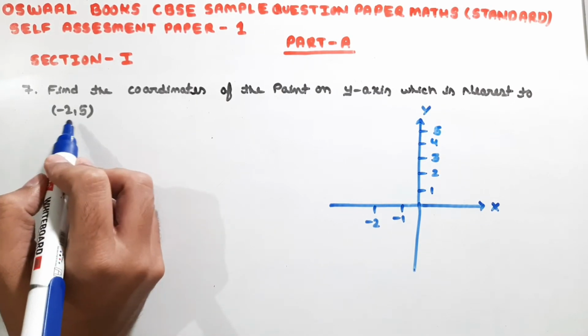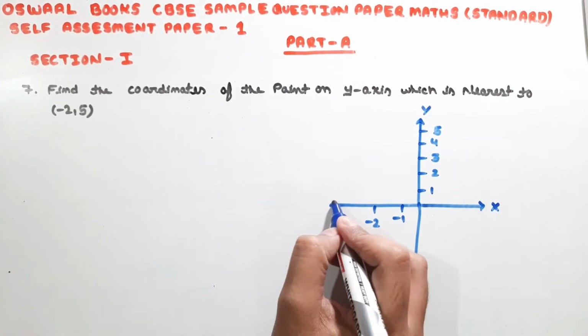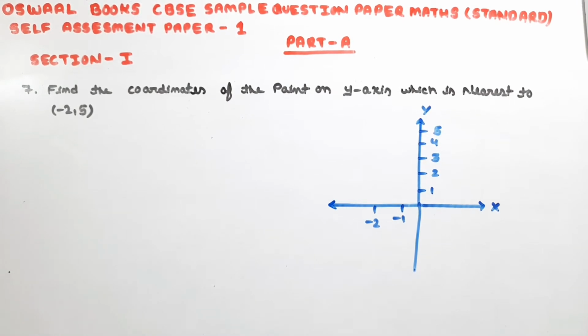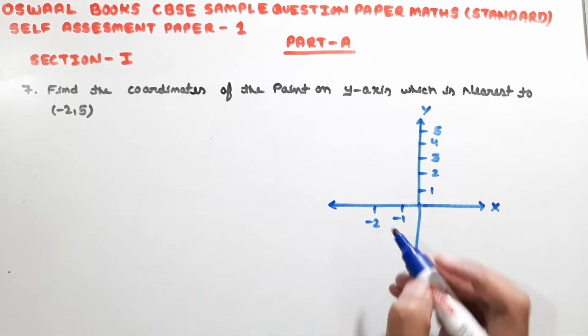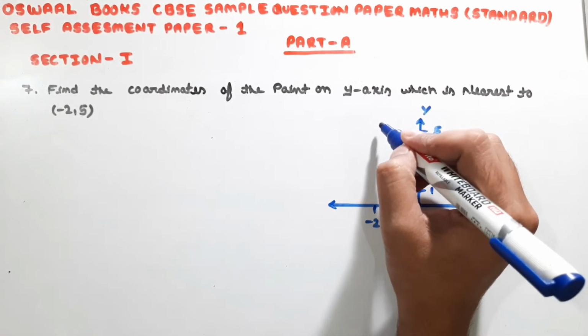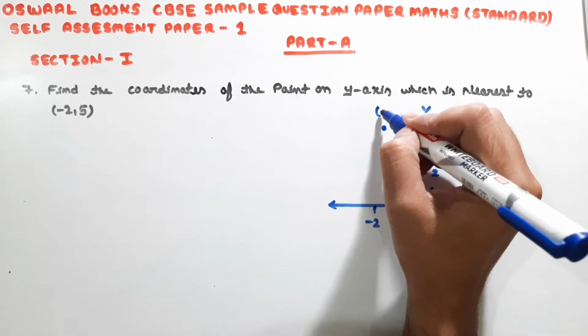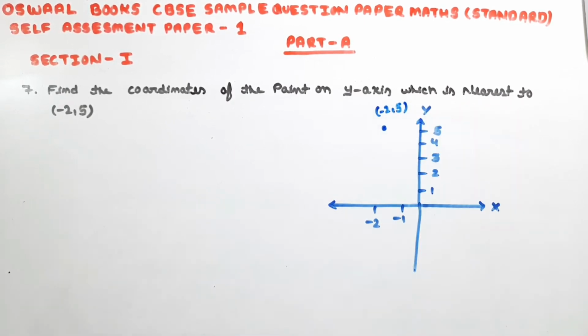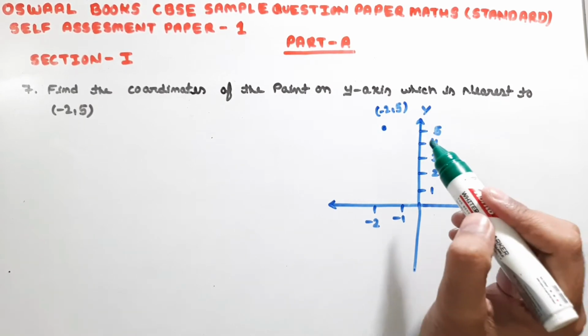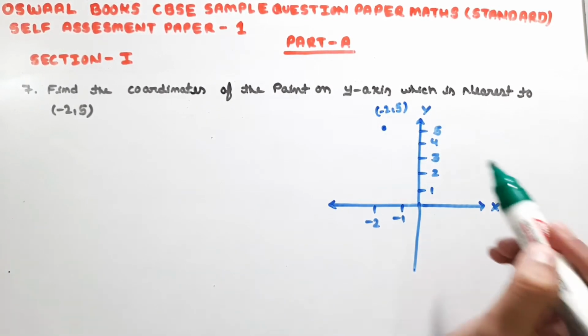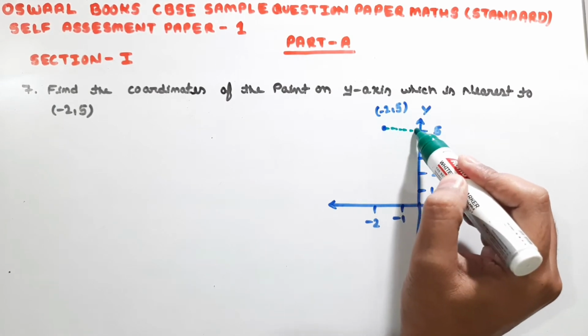Now we will locate -2, 5 in the Cartesian plane. This is -2, 5. So the point on y axis which is nearest to -2, 5 will be this.